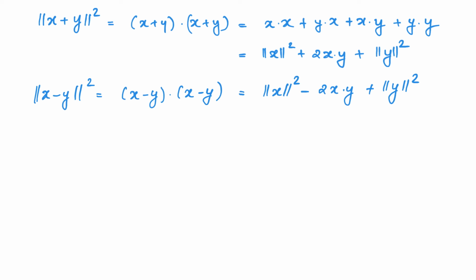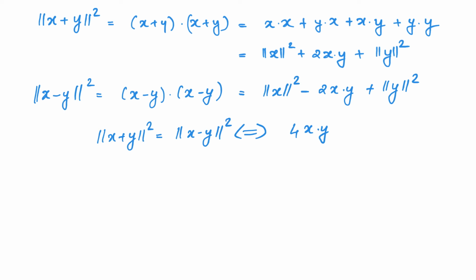But they will be equal precisely when 2 times x dot y is equal to minus 2 times x dot y. That is, norm of x plus y the whole squared is equal to norm of x minus y the whole squared if and only if 4 times x dot y is equal to 0.